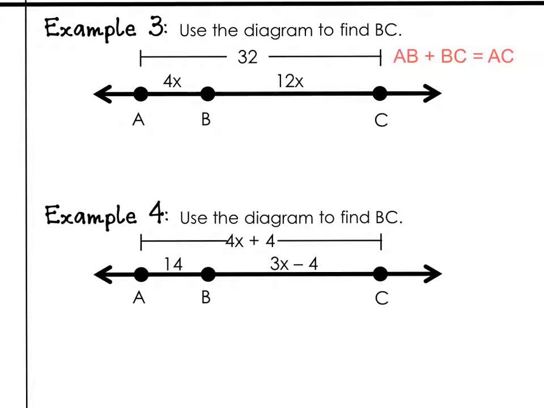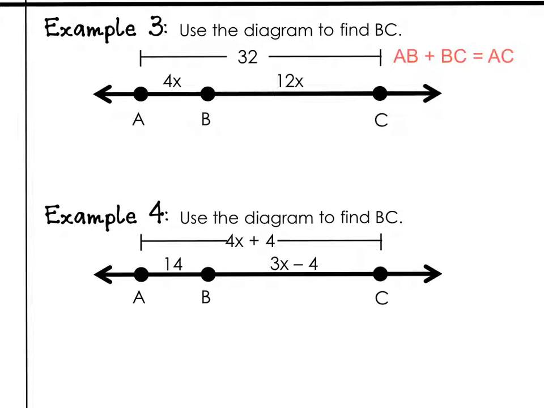In example 3 and 4, we're going to do basically the same thing, only now we're going to have to apply some of our algebra. But the first thing we want to pay attention to is our definition. The definition again is AB plus BC equals AC. We'll use that equation to help us figure this out.